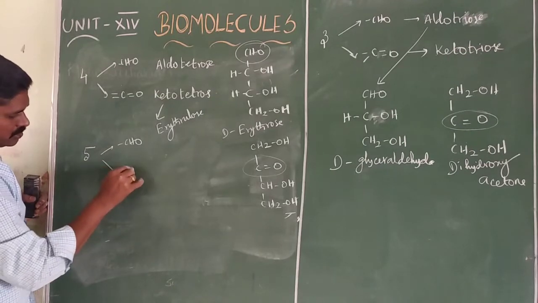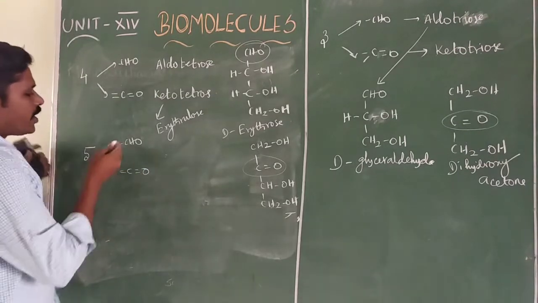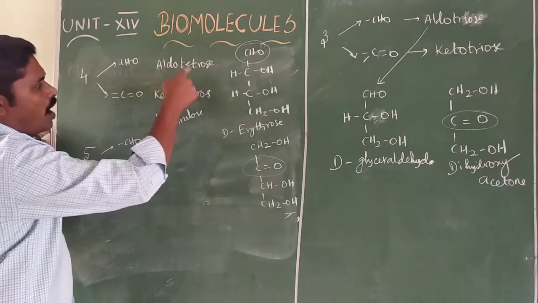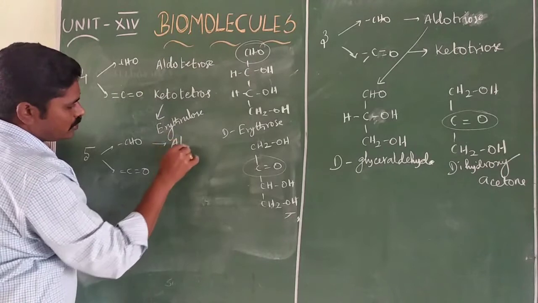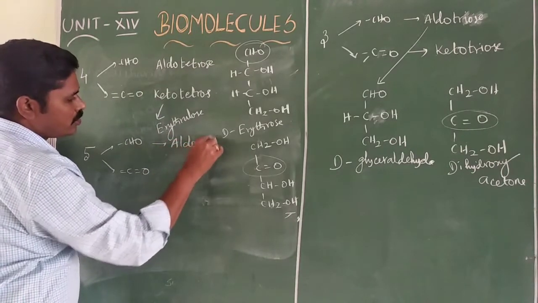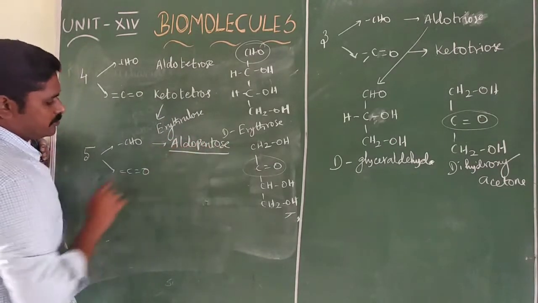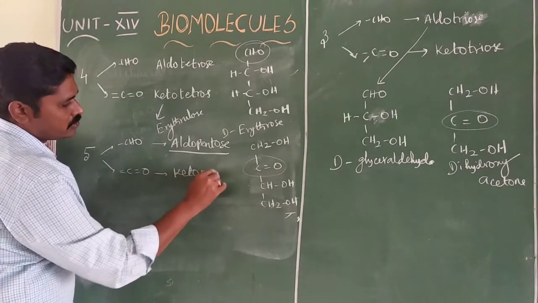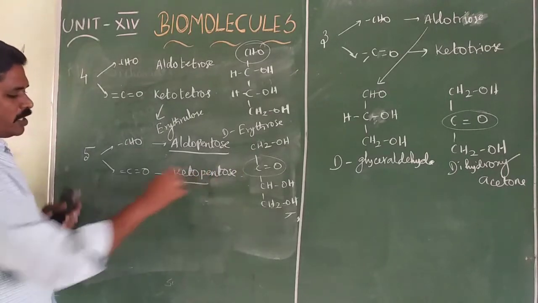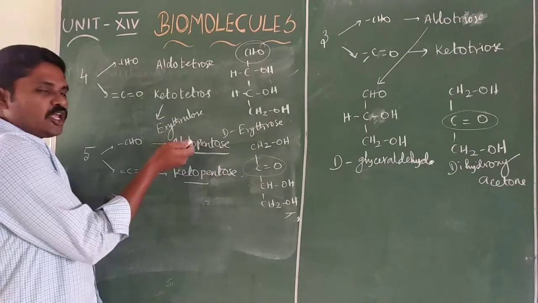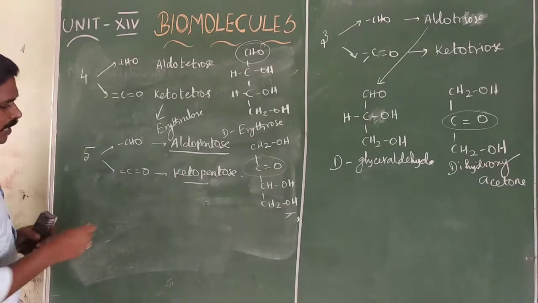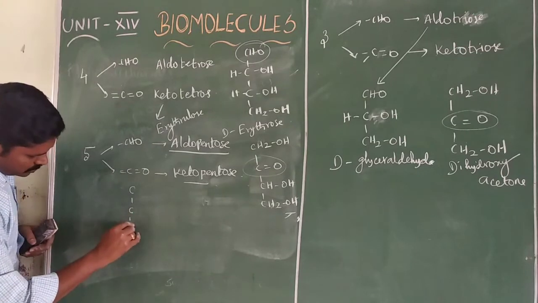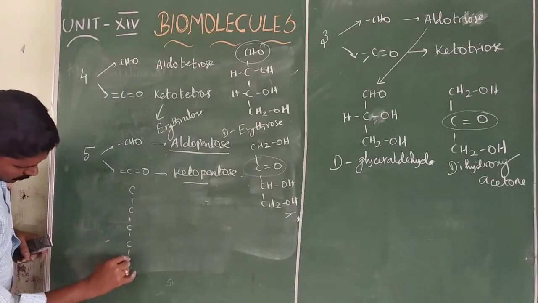And with 5 carbons, penta, an aldehyde or keto group: aldopentose and ketopentose. Examples are ribose and ribulose. How many carbons? 5 carbons: 1, 2, 3, 4, 5.